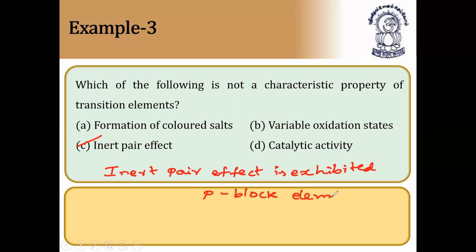Inert pair effect is nothing but the reluctance of s electrons in bonding. The s electrons, the valence electrons in p block, are not interested in participating in bond formation. So that's why they cause the inert pair effect, and this property is observed only in p block elements. It is not observed in d block elements.